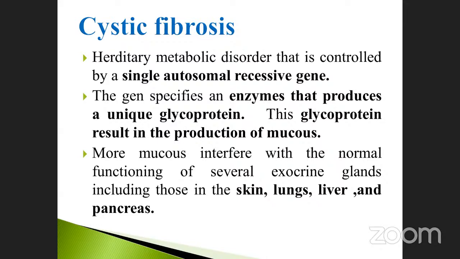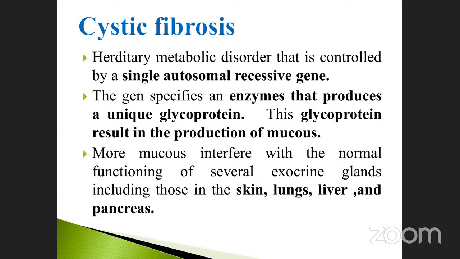Okay, so cystic fibrosis. The gene is specific for an enzyme that produces a unique glycoprotein, because all the enzymes are proteins, isn't it? But all the proteins are not enzymes. Don't forget, my dear, all the enzymes are proteins, but all the proteins are not enzymes. This is the proverb according to enzyme activities.